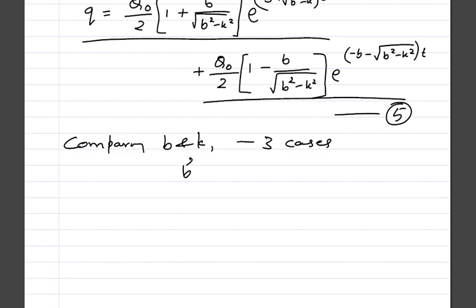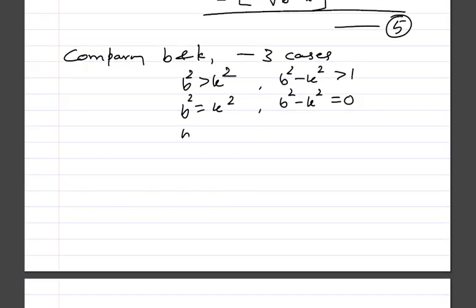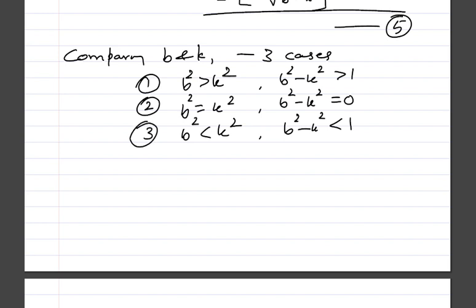First one is b square greater than k square, or b square minus k square greater than 0. Second, b square is equal to k square, or b square minus k square is equal to 0. And the last case is b square less than k square, or b square minus k square less than 0. So these are the three cases that need to be studied separately. Of these, the first two cases are very clear.